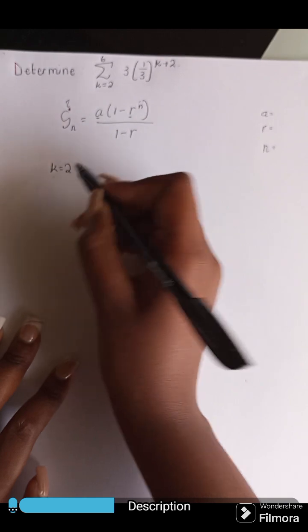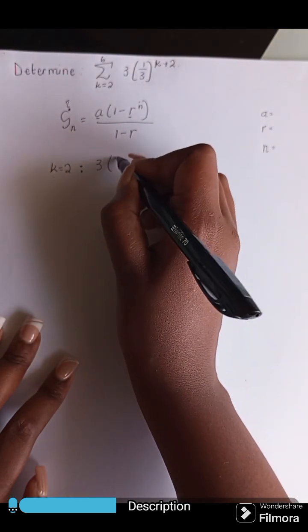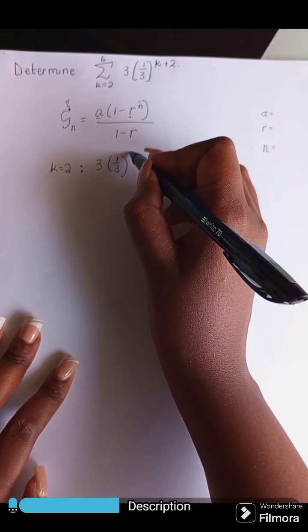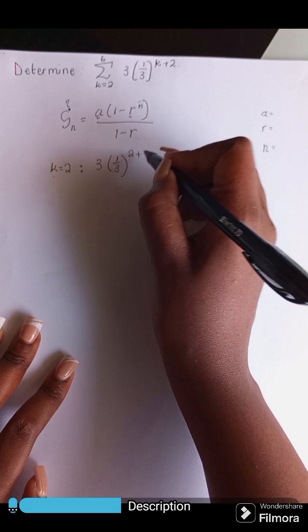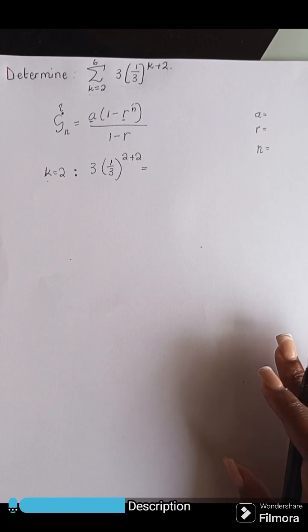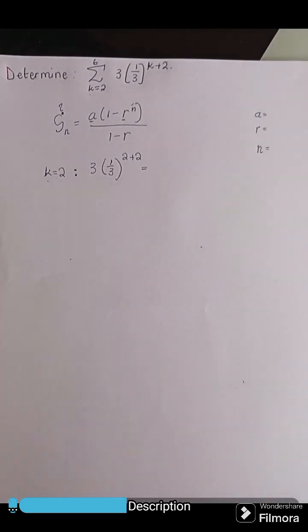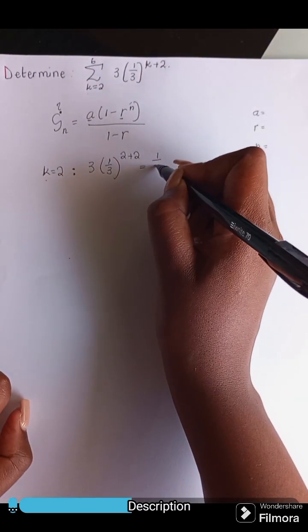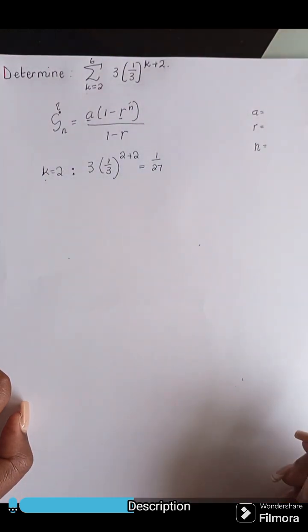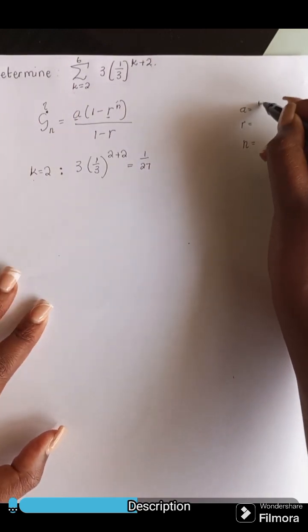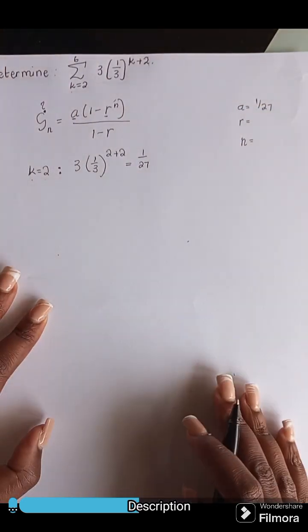So we have 3 into (1 over 3) to the power of 2 plus 2. You punch that onto your calculator and it is going to give you 1 over 27. That tells us that our a is equal to 1 over 27.